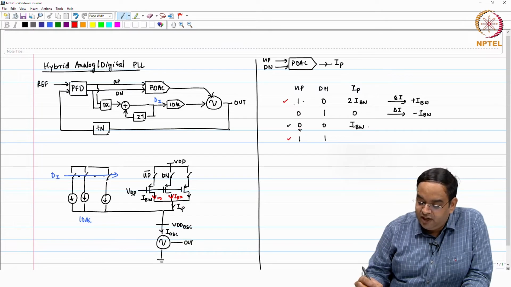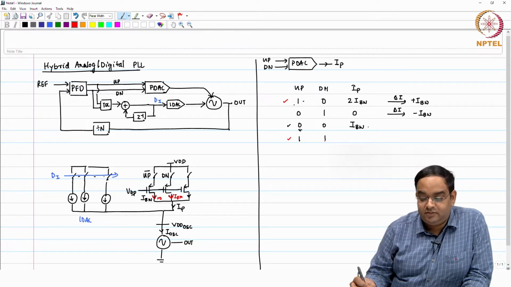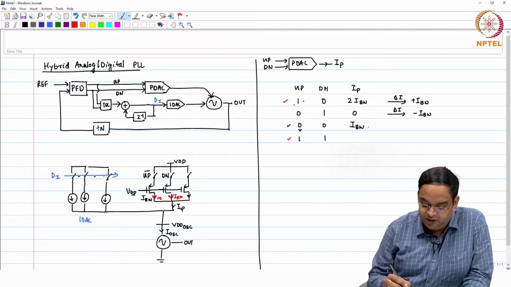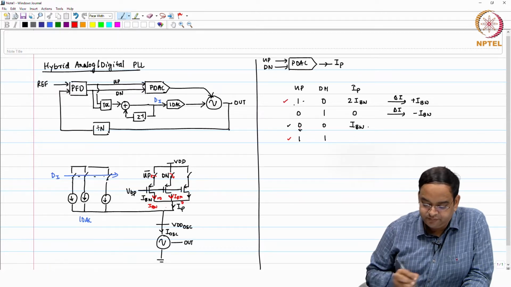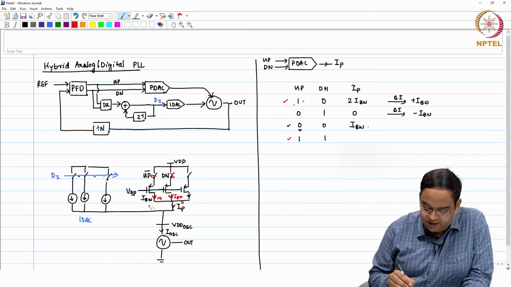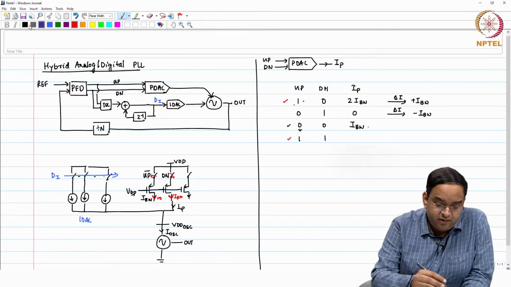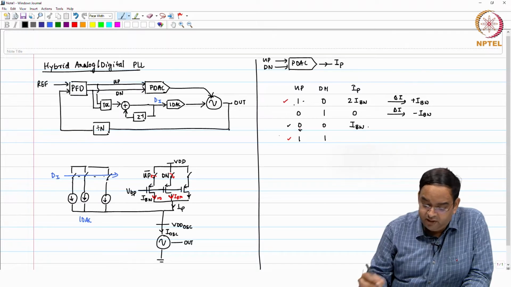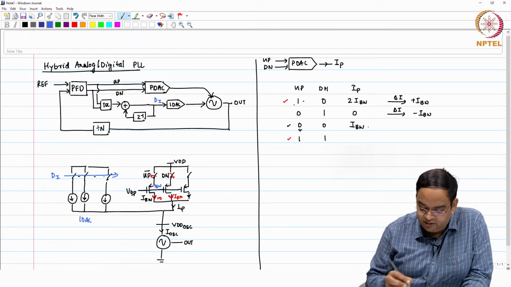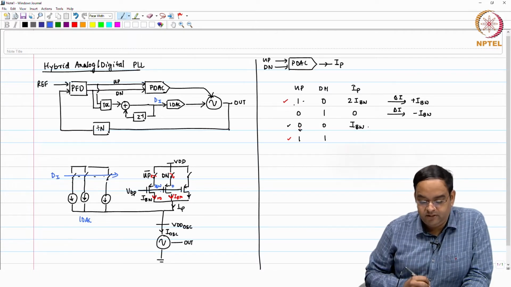When up is 1 and down is 1, in that case this switch is open, this switch is closed, you have I bandwidth from here and you have 0 current from this branch. So, let me just write it this way: if up is 1 and down is 1, then you have I bandwidth current flowing in this branch and 0 from here.